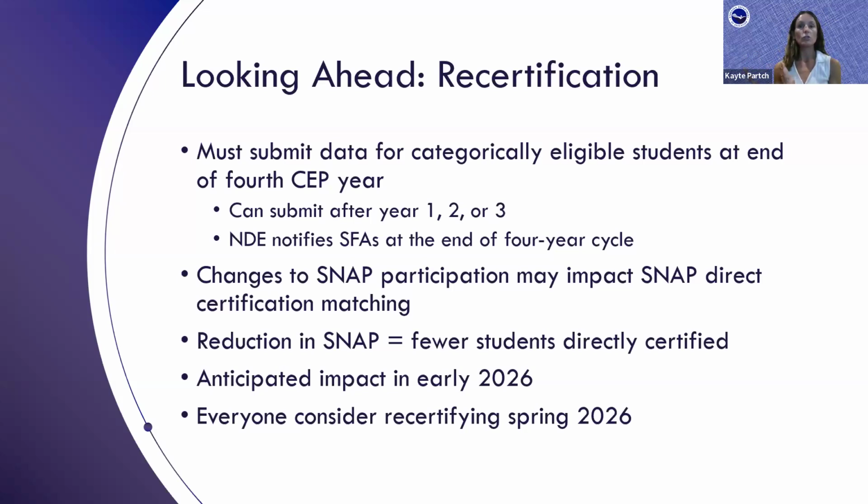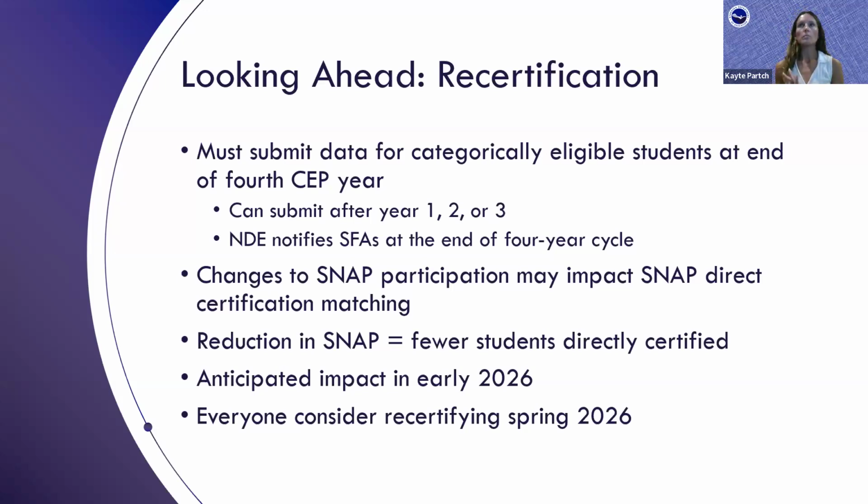But with potential changes coming to SNAP eligibility and participation, we can logically understand that there is a chance that the number of directly certified students for SNAP is going to decrease. That means the number of students categorically eligible for free meals through SNAP may decrease. We probably won't see that decrease until calendar year 2026.